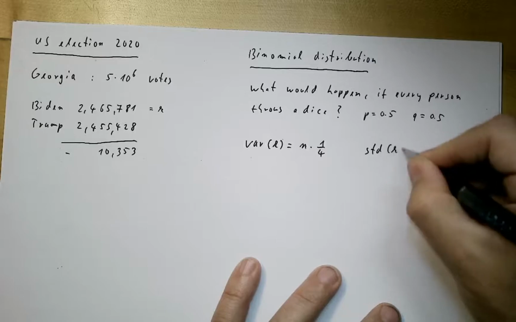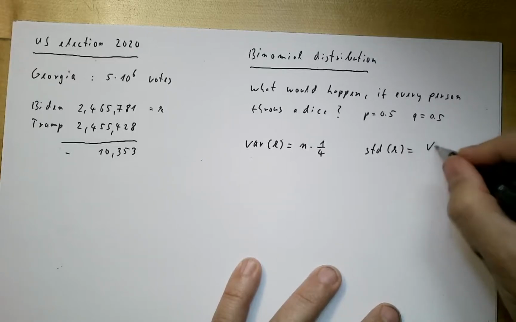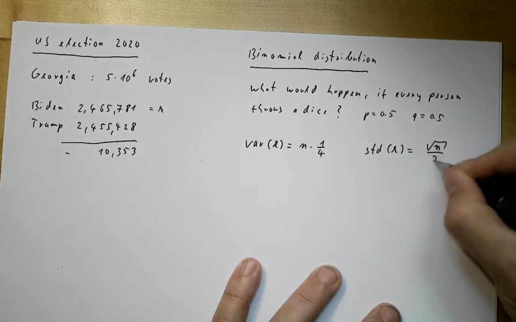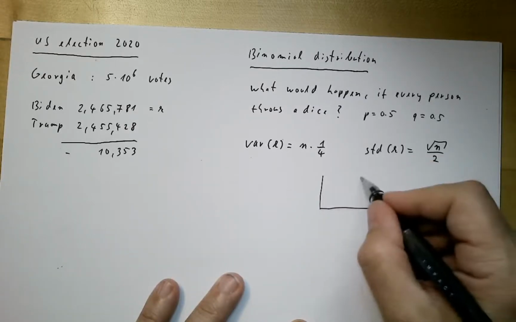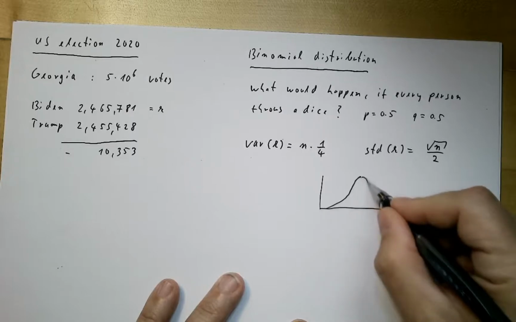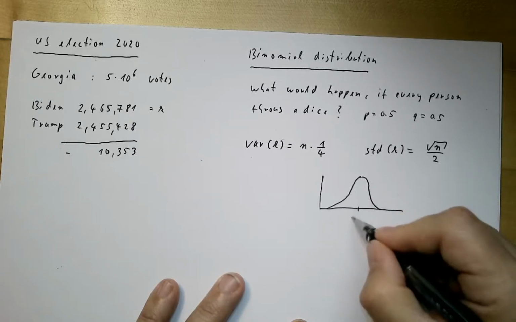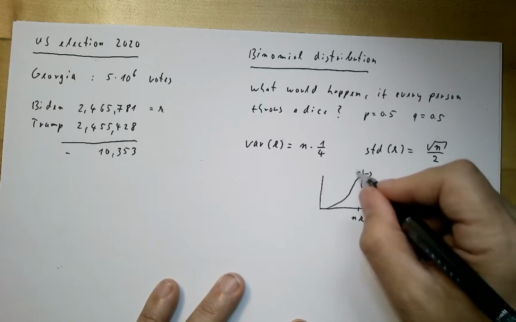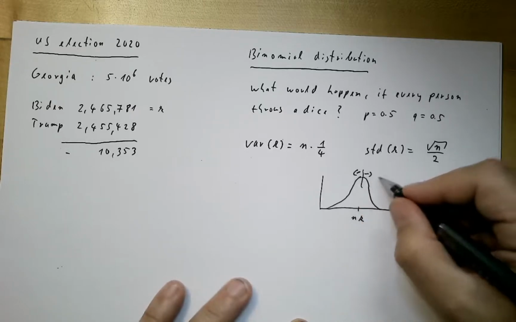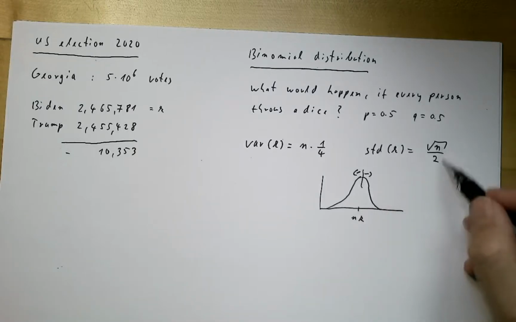The standard deviation of k is the square root of n divided by 2. So we have a certain standard deviation, and it goes with the square root of n over 2.